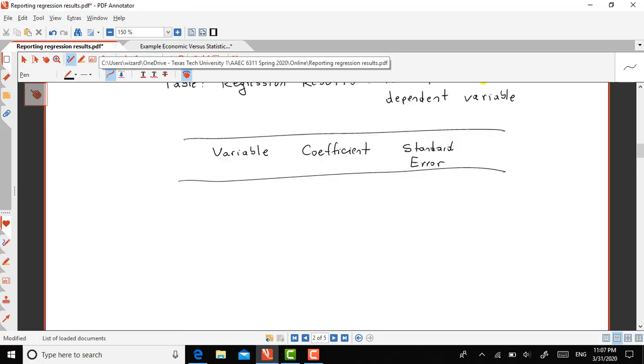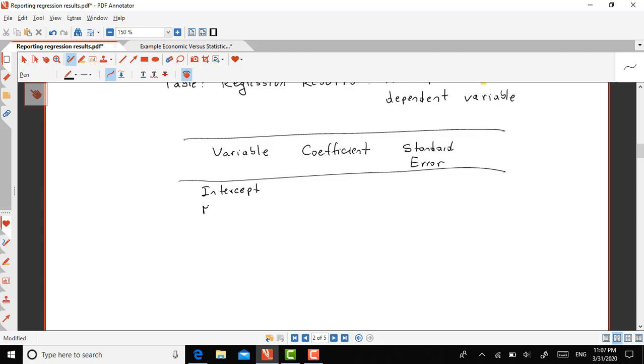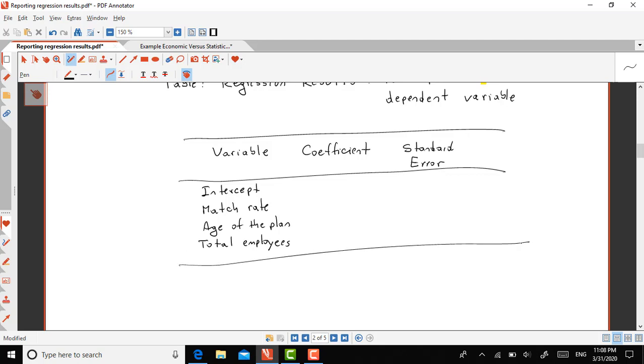Since tables are supposed to be self-standing, we have more space, so we can write the actual name of the variable: match rate, age of the plan, and total employees. Without the formula that we had before, we could not write that much information. The names for the variables were informative, but not that informative.